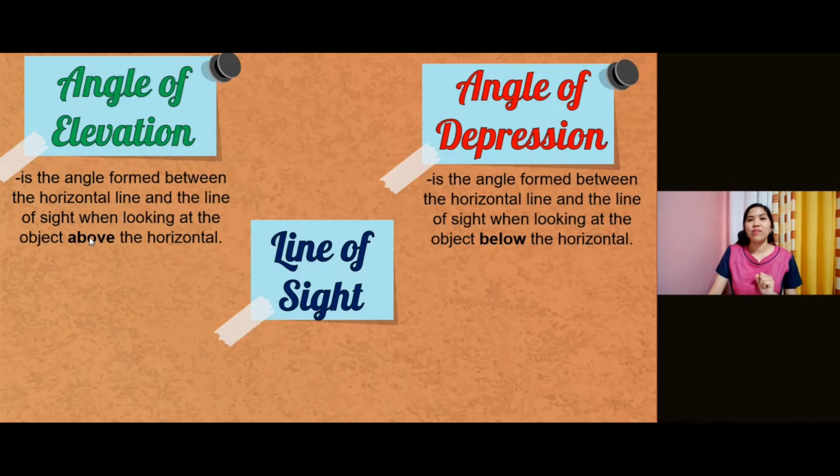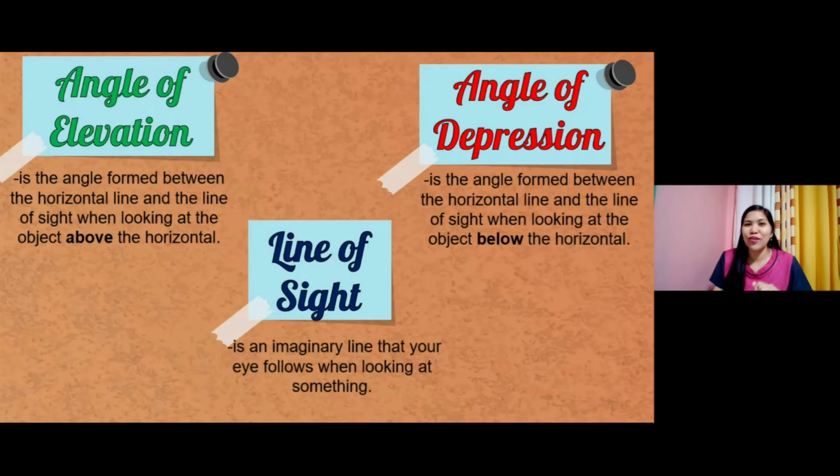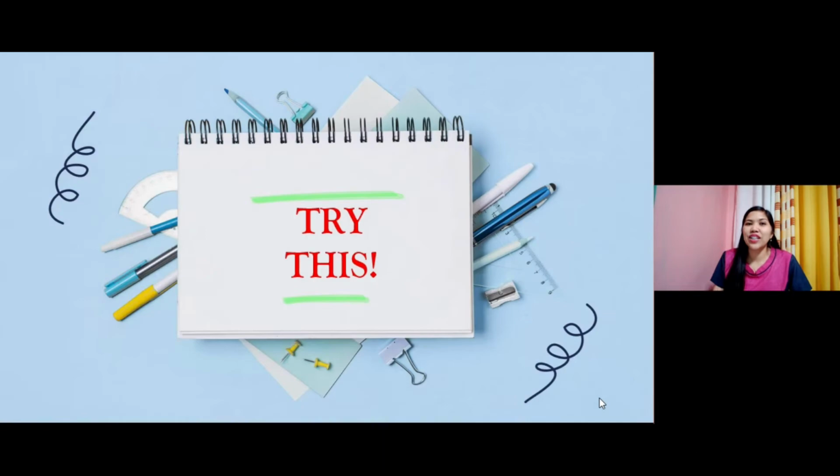Above for elevation, below for depression. And lastly, when we say line of sight, that is an imaginary line that your eye follows when looking at something or an object.